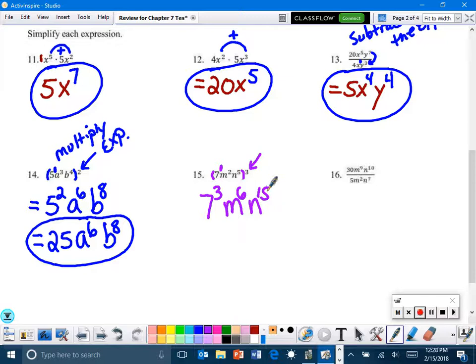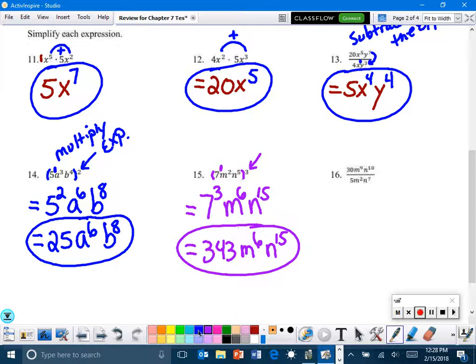All right, now we need to simplify 7 to the 3rd. Use your calculator. So 7 to the 3rd power is 343, followed by m to the 6th, n to the 15th. That's your final answer.